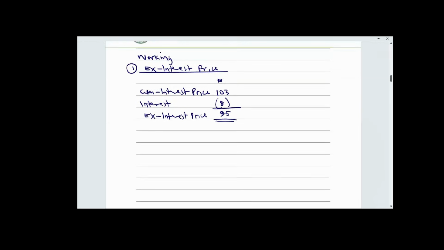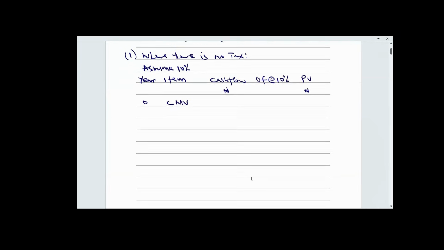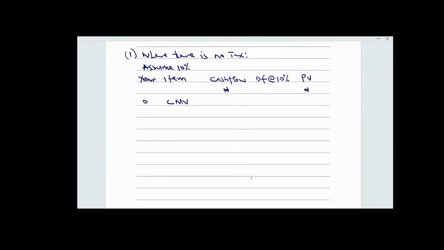Okay, so let's go back. Instead of using 103 Naira, we are going to use 95 because the debenture interest has not been paid. All right, so the discount factor at 10% for year 0 is 1. 1 multiplied by 95 will give us 95.